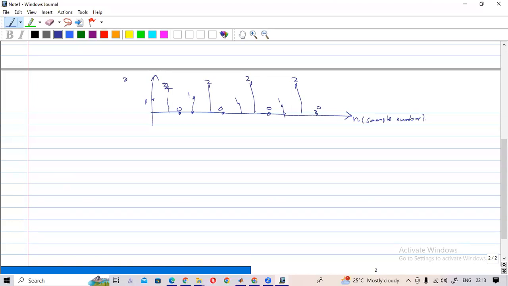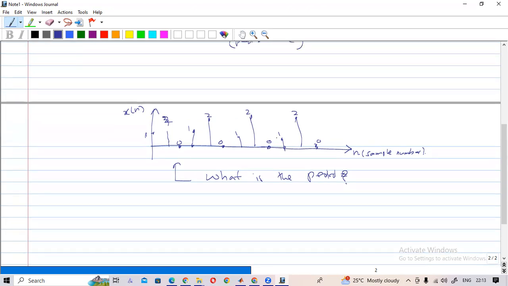And the signal will be x[n]. So this is a discrete time signal. Tell me, what is the period of this discrete time signal? What is the period? Tell me.